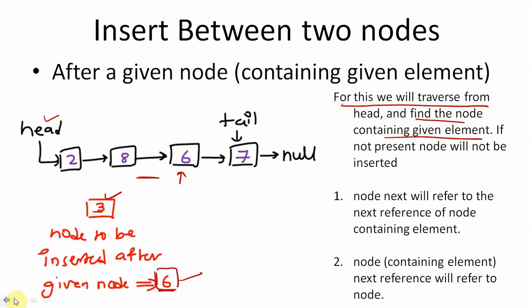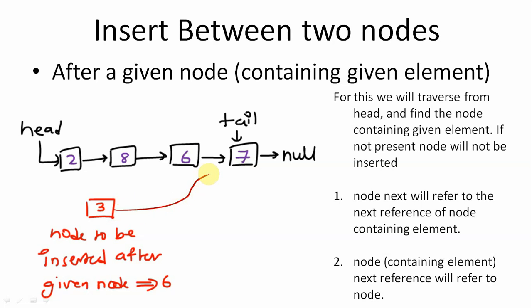If the node is present, then what I have to do? The new node's next will refer to the existing list. Means the new node's next reference will refer to the next reference of the node containing that particular element. In our case, 6 is the element in this node. The next reference is referring to the node containing 7.